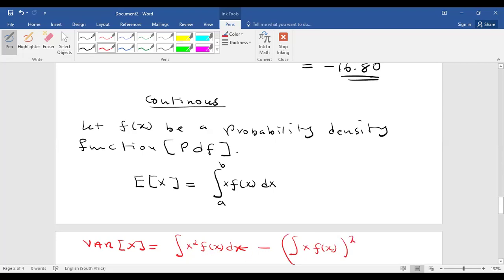So this is similarly the same thing, with a limit from a to b. This is how you do it. These two formulas are for computing the expected value and the variance in a given continuous interval.